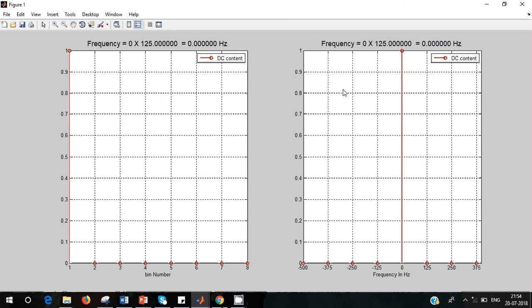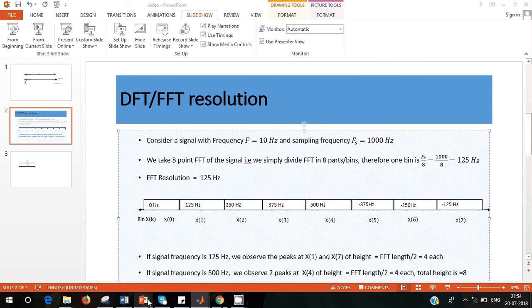What is this second figure? If you see this part, here are the negative frequencies, here are the positive frequencies. But for human convenience, this negative frequency should be on the left hand side. But FFT calculates this as just shown here. So we want to move these negative frequencies to the left side just for visualization purposes.